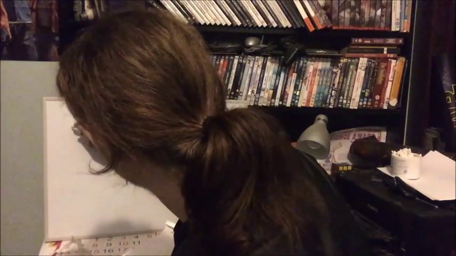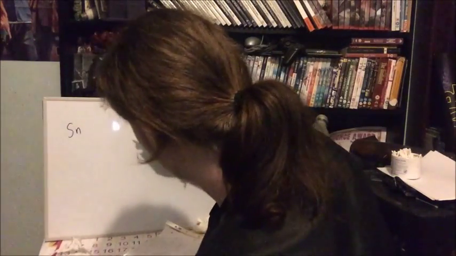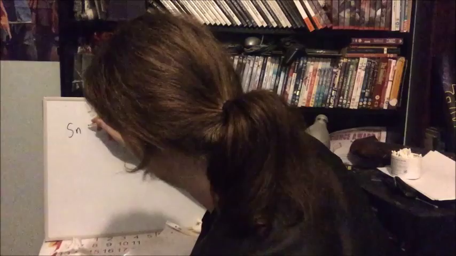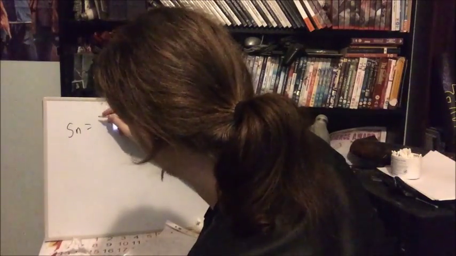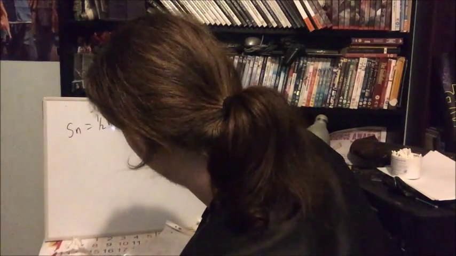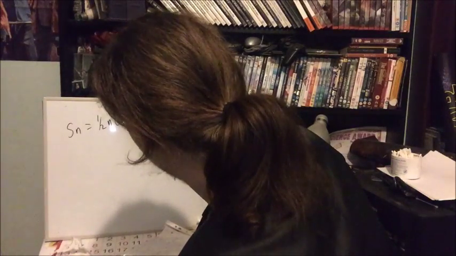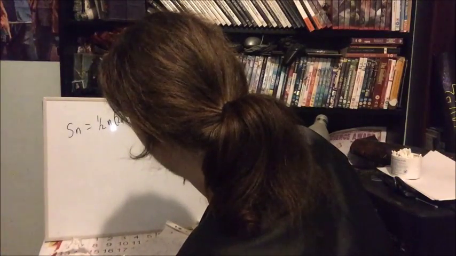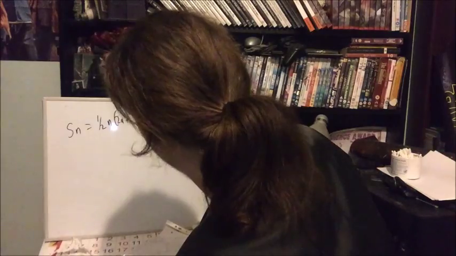You would use something called Sn, the sum of all the nth terms, and that is equal to half n times 2a plus n minus 1 d.